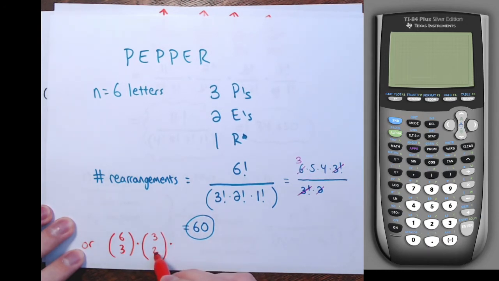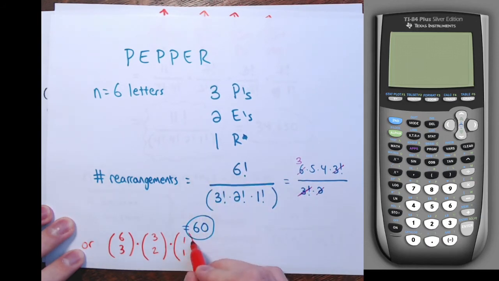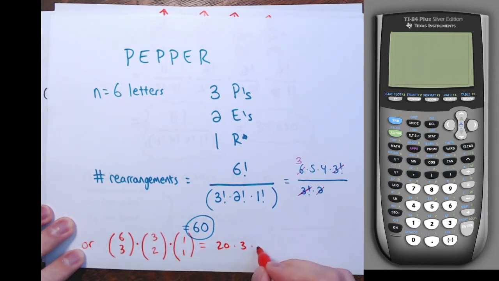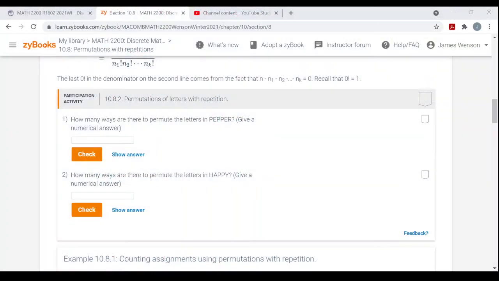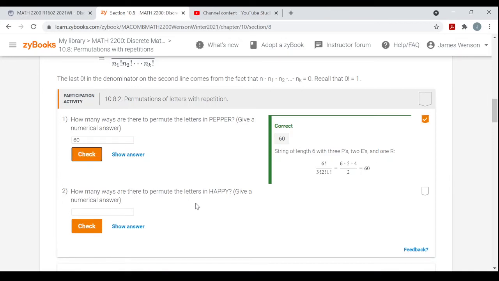And then when I put the 2 E's down, there's only 1 slot left, and then 1 choose 1 for where the R goes. Now 6 choose 3, that'd be 20, times 3 choose 2 would be 3, times 1 choose 1 is 1, and I'm getting 60 that way as well. So you could also do it with this combination way. But either way you do it, it is 60 different ways to do that.